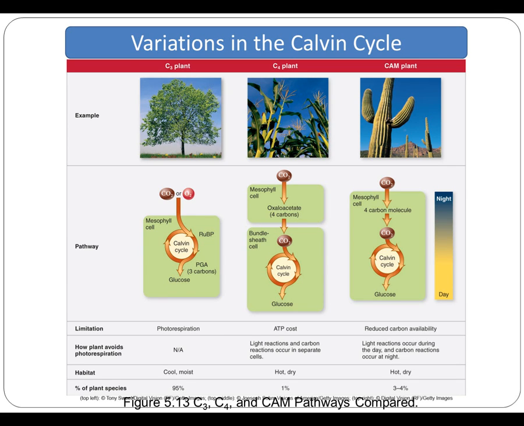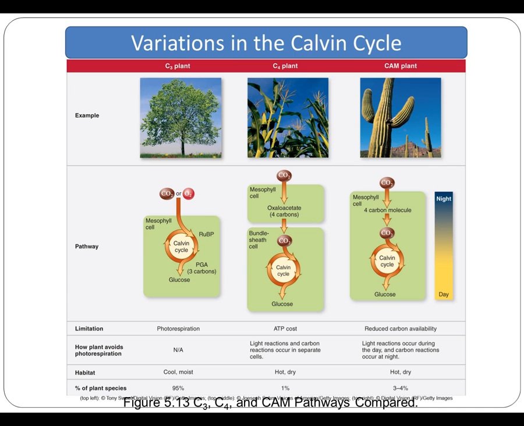Okay, so if you write on this what's a location, it starts in the mesophyll cells where carbon dioxide is converted into a how many carbon containing molecule? 4 carbon molecule. So the C4 pathway starts in the mesophyll cells where carbon is fixed and a 4 carbon molecule, not a 3 carbon molecule, intermediate is produced.